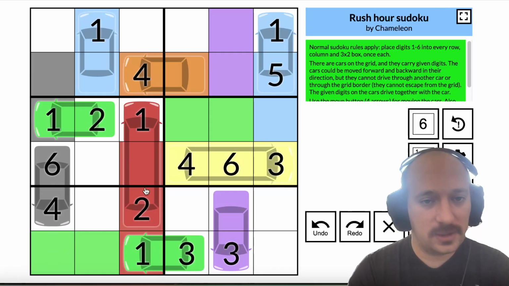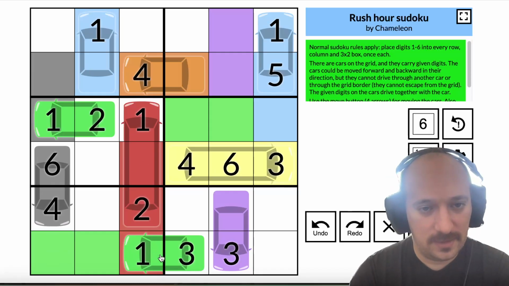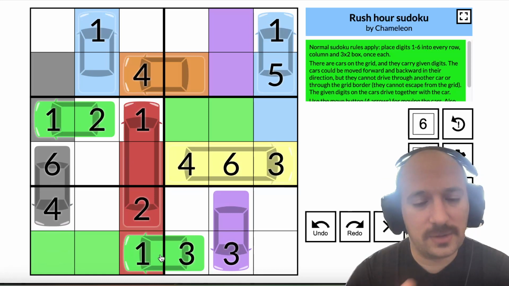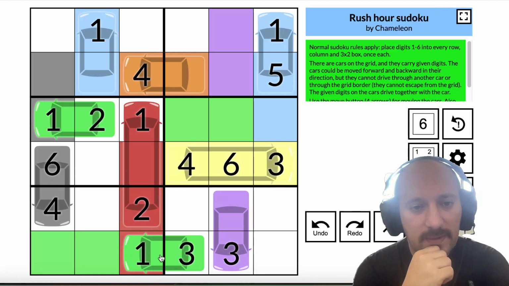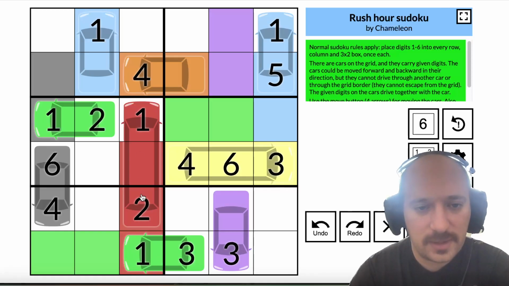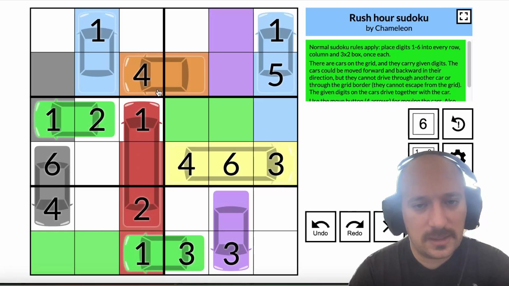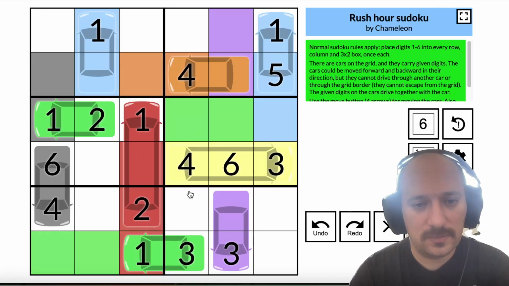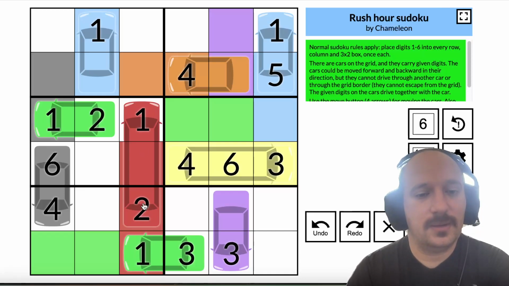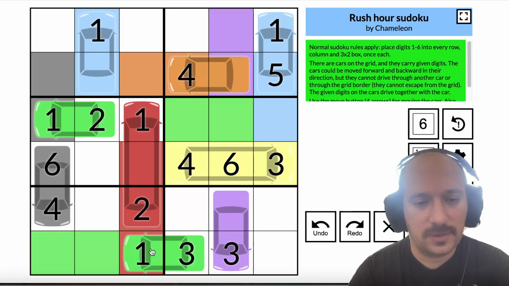So we must move the... actually, I don't think that I proved that I need to move the red one. Let's do it again. So no, I only proved that I didn't prove that I need to move the red out of the way down to the bottom.